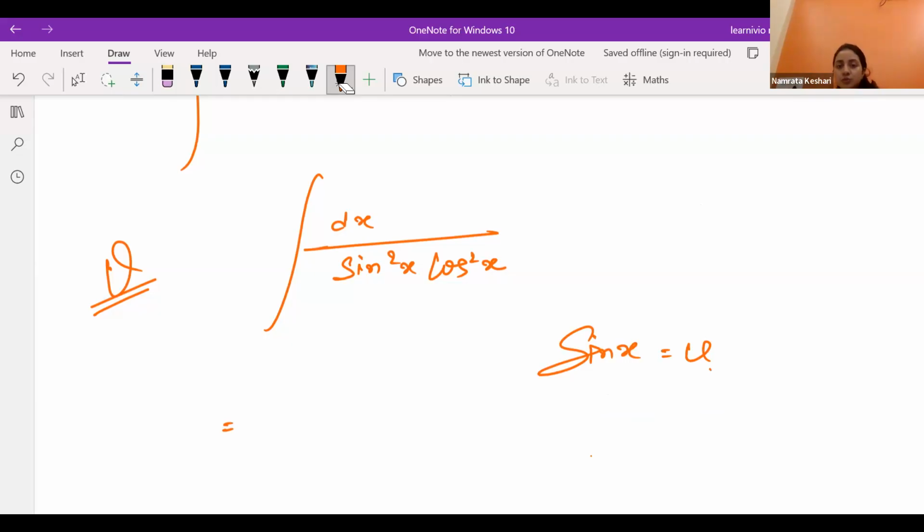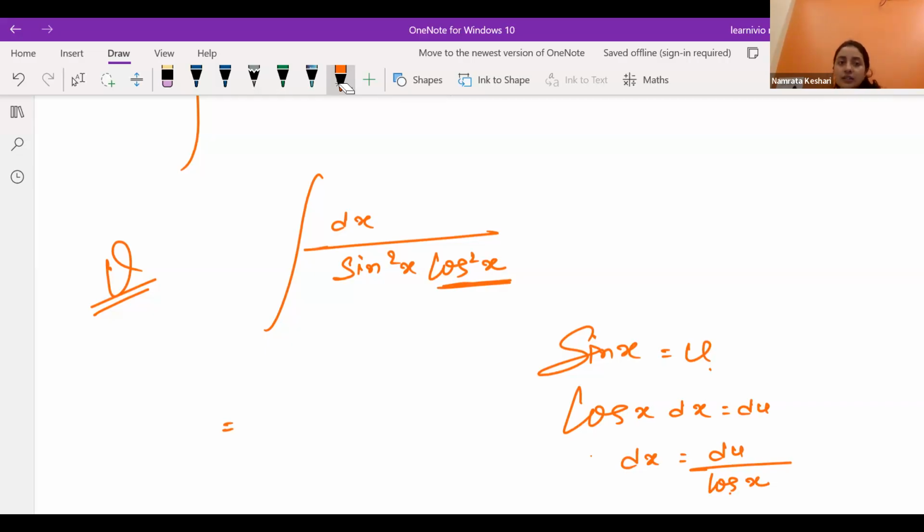So sin x is u. Suppose we are assuming like this. So what will we get? cos x dx equals du, right, Annapurna? Yes. Now we don't have any cos x. So dx is equal to du by cos x. That's what we are getting for now. One cos x is already there, and one more cos x in the denominator. That means cos cube x will be there?